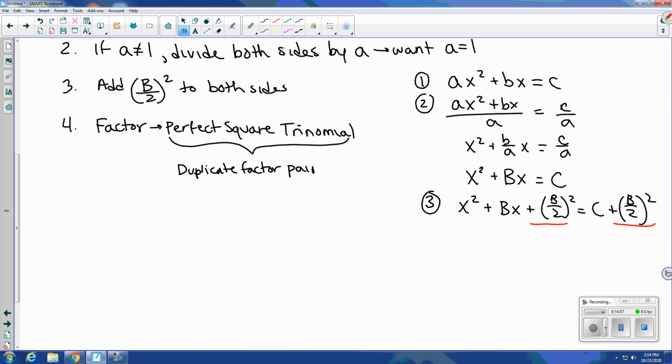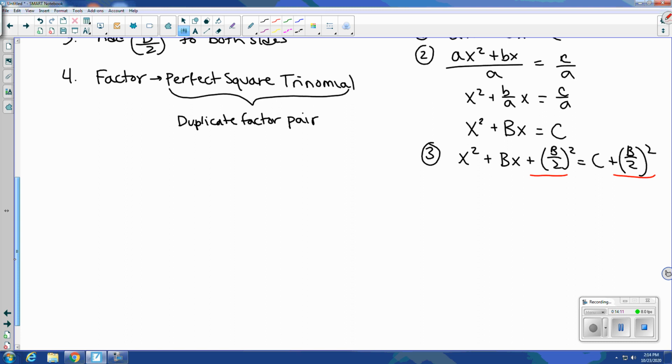Meaning when you factor it, your parentheses should be the same thing copied over. What it should factor into is actually x plus whatever b over 2 was. That's the shortcut, actually. Because it's a duplicate factor pair where you're going to get the same thing twice, we can condense this into one by writing it as x plus b over 2, all squared.